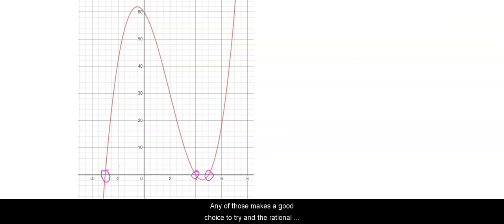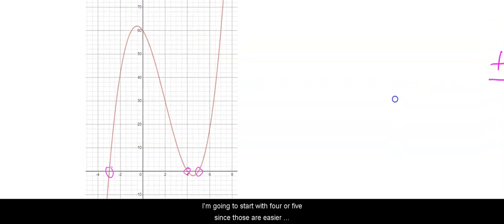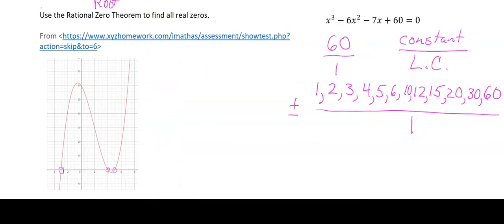Any of those makes a good choice to try in the rational root theorem to see if they are factors. I'm going to start with 4 or 5 since those are easier numbers to work with. Note that 4 and 5 and -3 would all be in the list of possible rational roots.